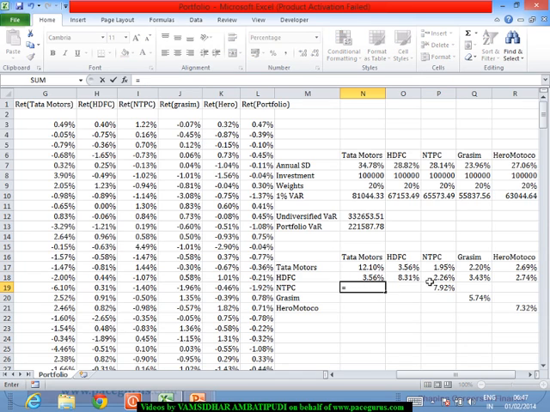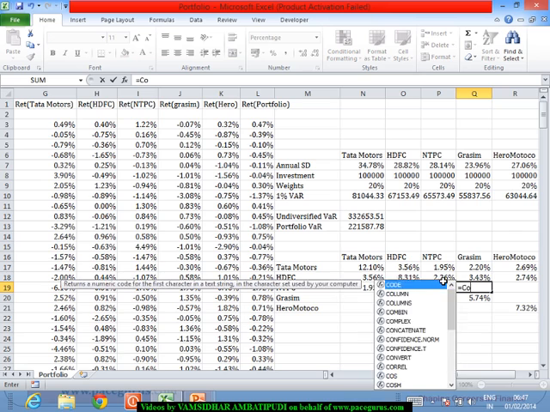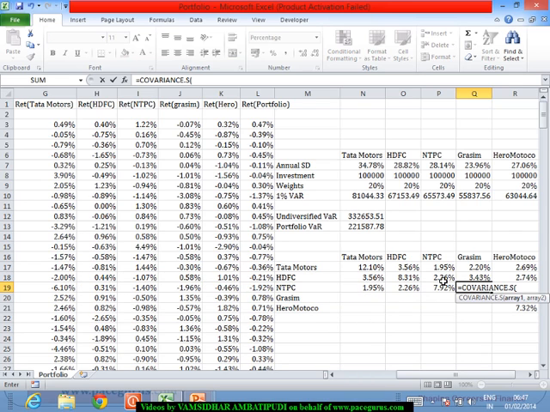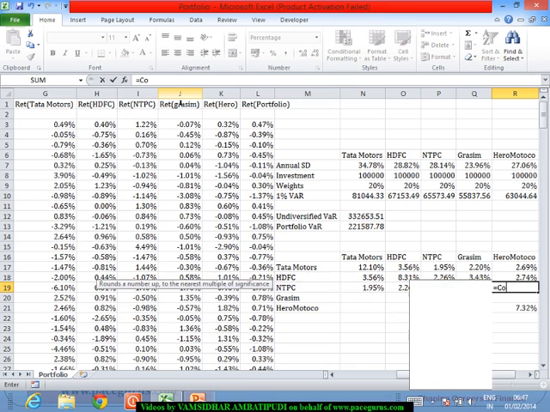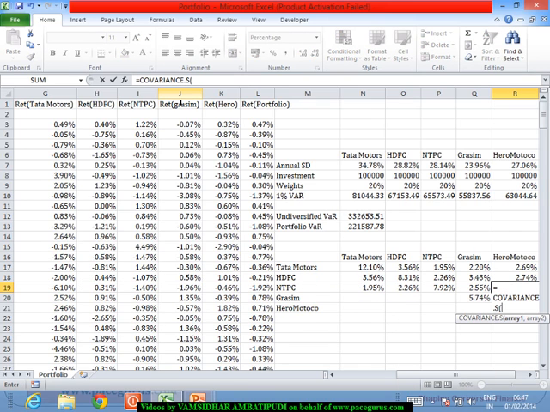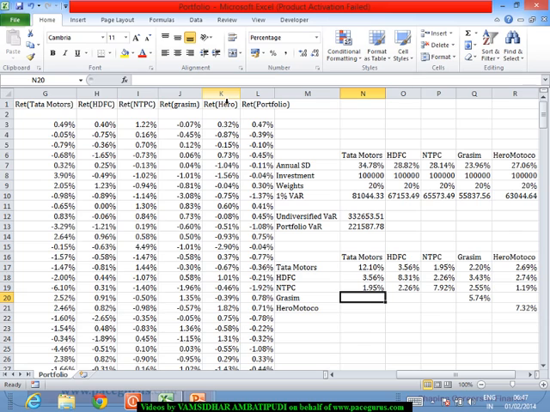So here also I can have this value, and here I can have this value. Alright, and even this I am trying to find out the covariance between NTPC and Grasim multiplied by 250, and covariance between NTPC and Hero Motors multiplied by 250.